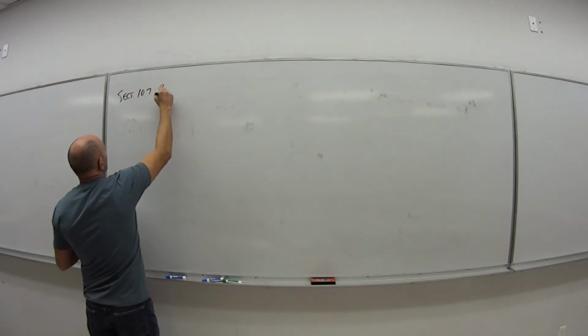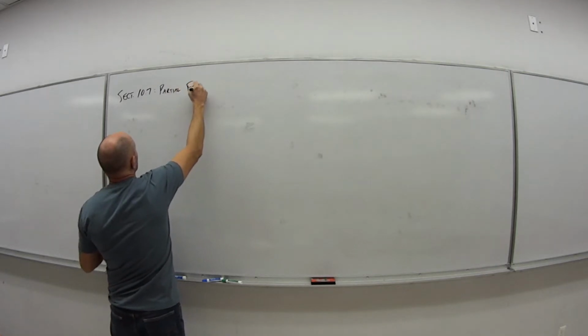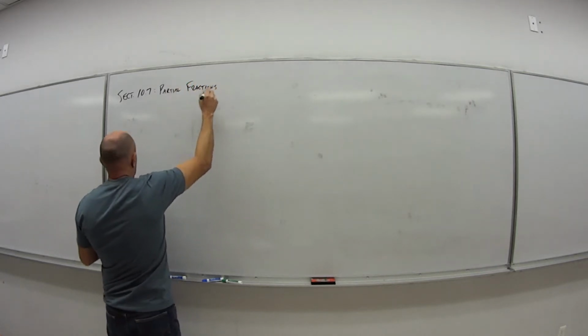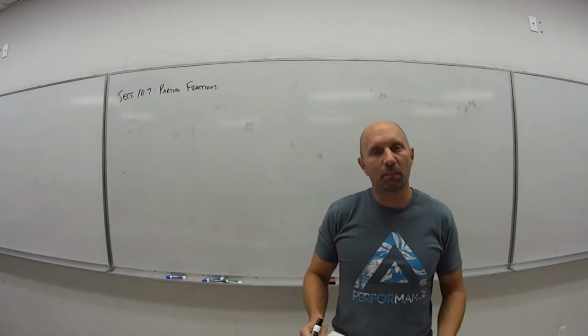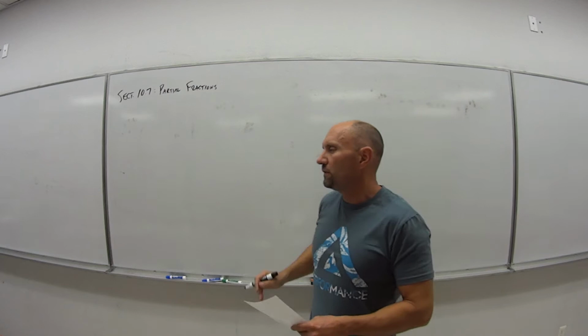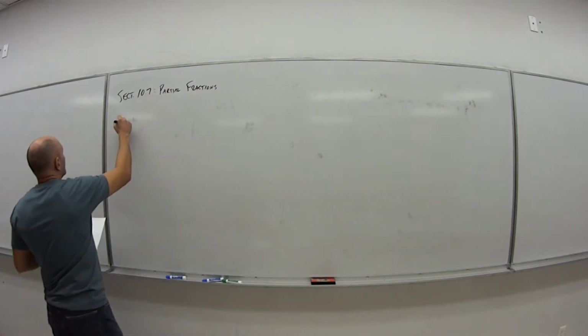Section 10.7 is partial fractions. And the long name, if you want to look at it, is partial fraction decomposition. What this section of the book is about is the following.